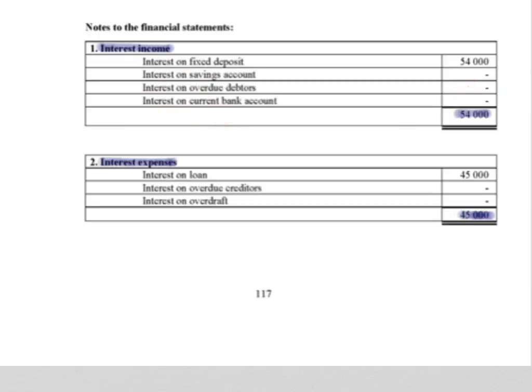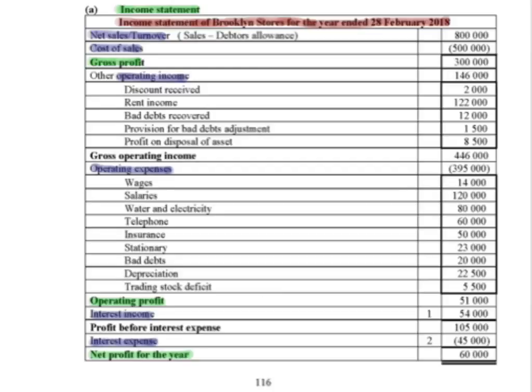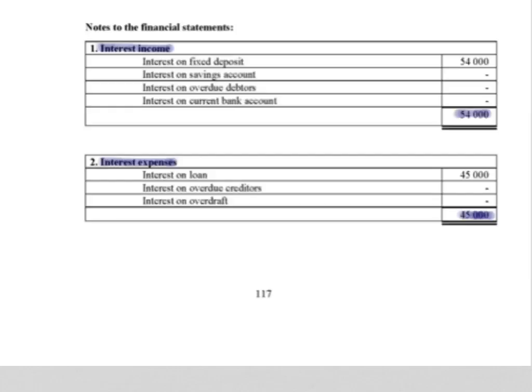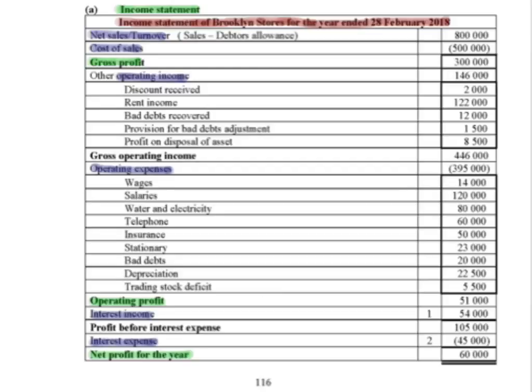I list their totals and then I add them up, and my added up total is what I take back to my income statement as a total for interest income. I do the same for interest expense. I list all the different types of interest expenses I find, put their amounts down, and then the total that I've got, I take back to my income statement.